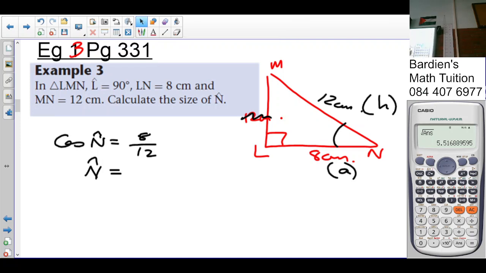So shift cos of 8 over 12 gives us 48 comma 2 degrees. Okay. Any confusion there, people? No.